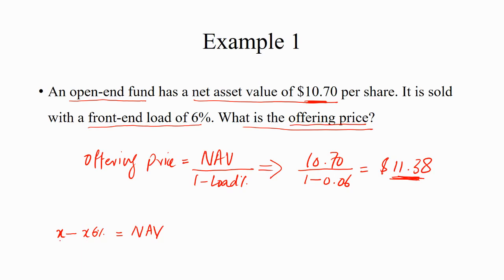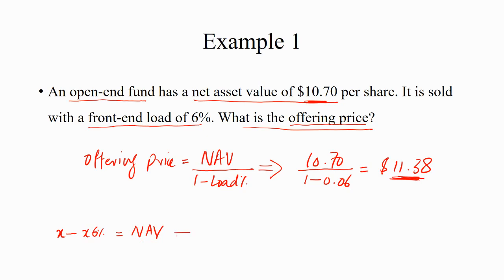This X is the offering price, which I don't know yet. What should the price be so that when I exclude the effect of this 6% load, or any percentage, it gives me back my NAV.